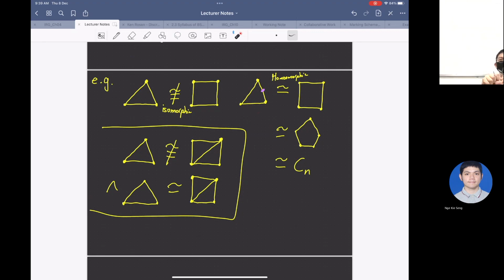Can you imagine or not? Not tautology, it's a different word, it's topology. So you can think of it as continuously changing the graph without breaking it.